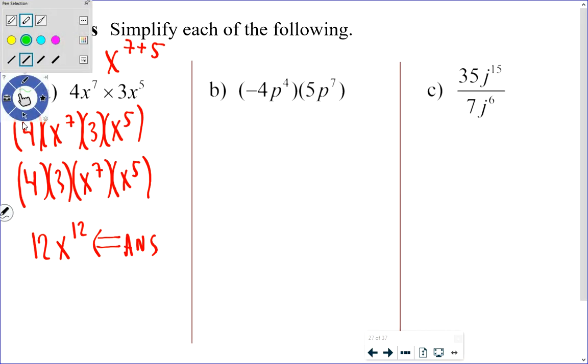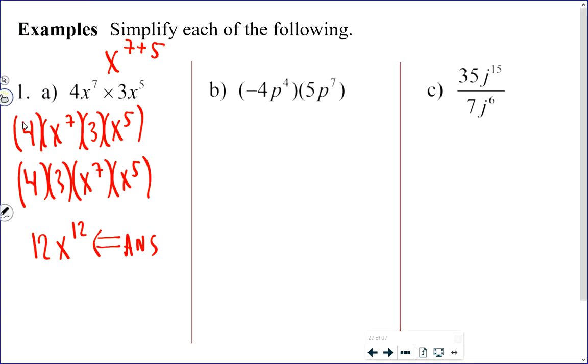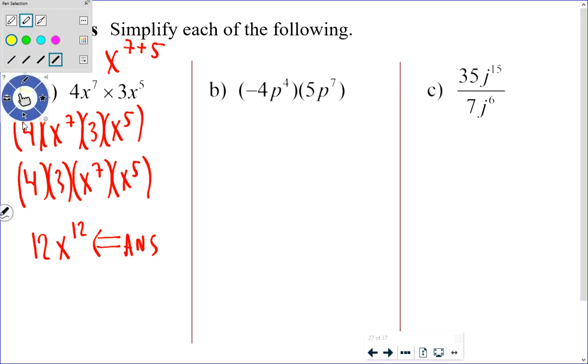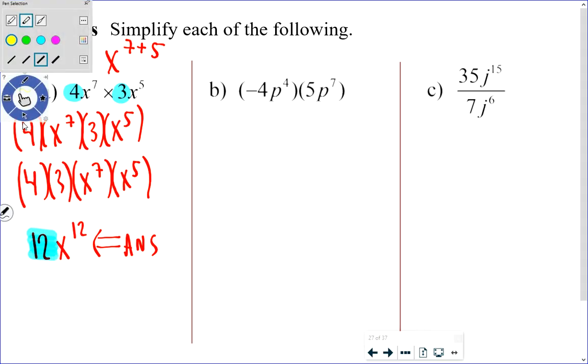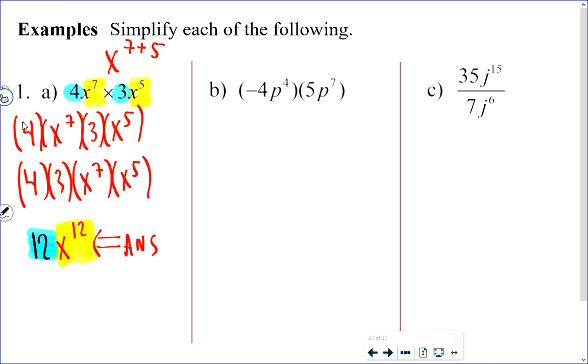What we have learned is that when you have exponential expressions, which of course contain a coefficient and a power, you are allowed to multiply the coefficients to get the coefficient of the answer, and you are allowed to multiply the powers to get the power of the answer. So we don't need to do anything written in between the answer and the question.